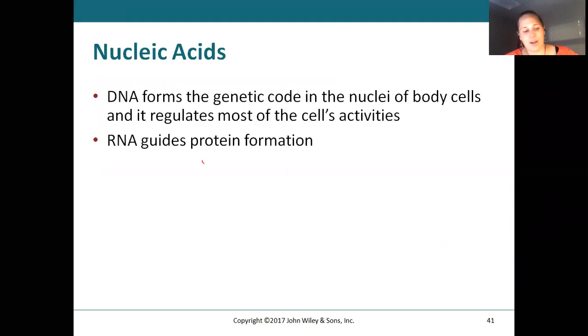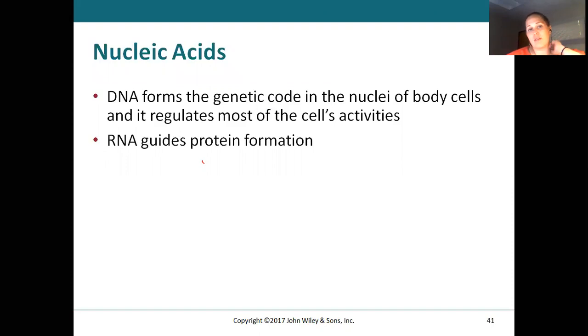Okay, we talked about lipids and fats, we talked about sugars or carbohydrates. We talked about proteins, and the last macromolecule we'll talk about today are nucleic acids. Okay, so everything else comprises the cell, makes up the structures of the cell, carries out the functions of the cell. Nucleic acids are basically the blueprints to create all of those other things.